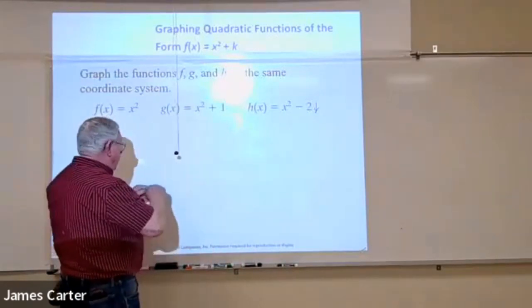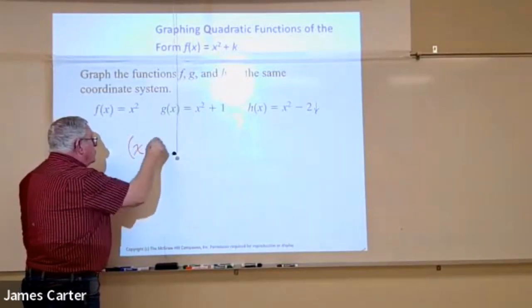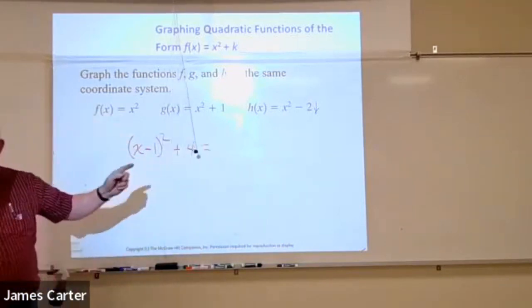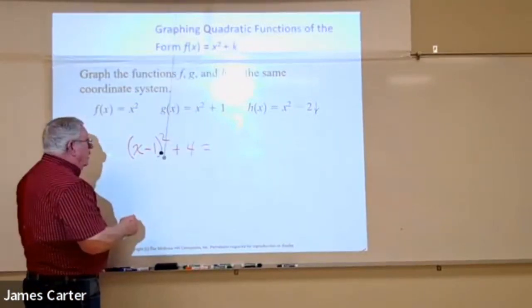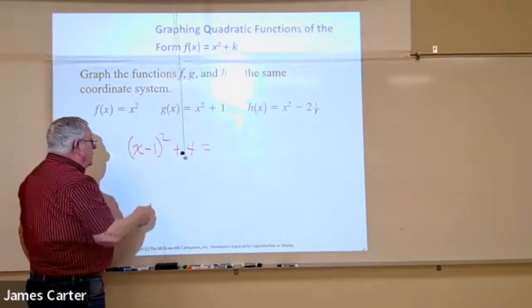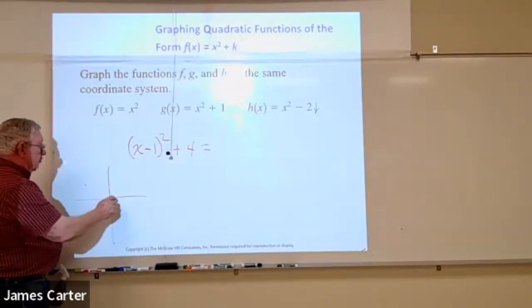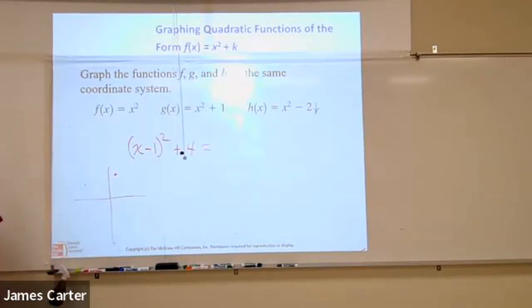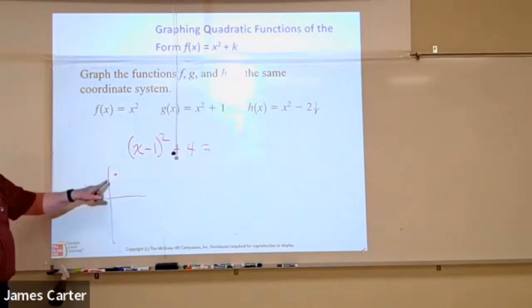One of those forms that I put up earlier looked like this. X minus 1 squared plus, we're going to use 4. Actually, I used an equation similar to this just a moment ago. Well, on this, if I tried to graph it, I'm going to move one place right, and I'm going to move 4 places up for the vertex. Okay? Compared to the standard y equals x squared, right?